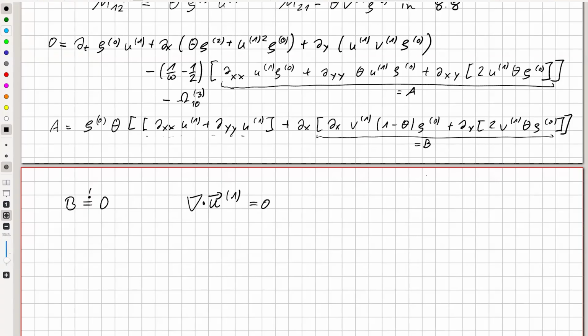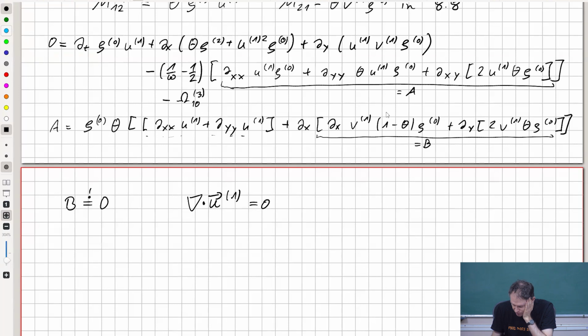So this we can use if this 1 minus theta is equal to 2 theta, yeah? So this would just be proportional to the divergence of u, right? So then we can write that 1 minus theta is equal to 2 theta, and this implies that theta is very surprisingly 1 over 3, which we have now derived in three different ways.